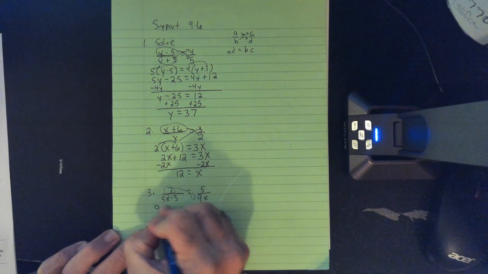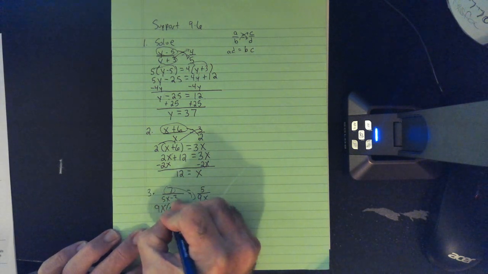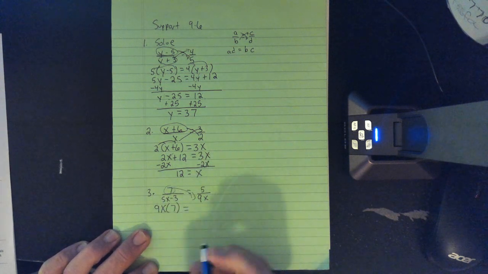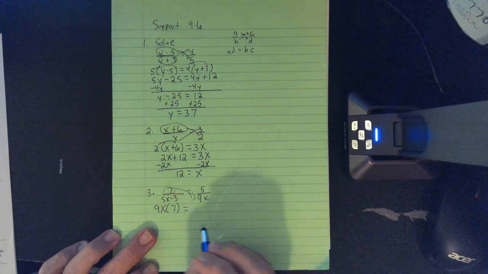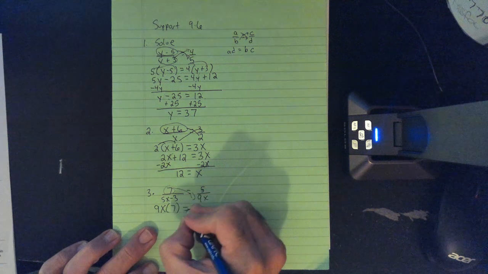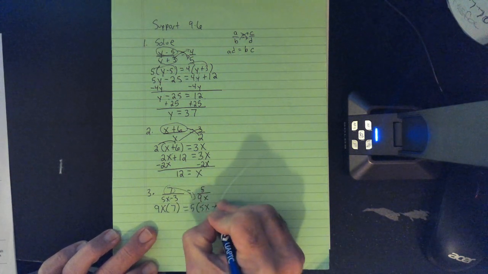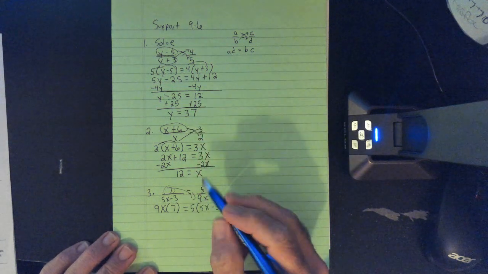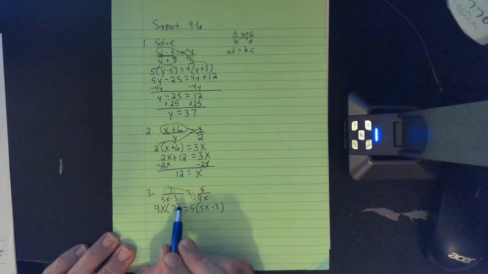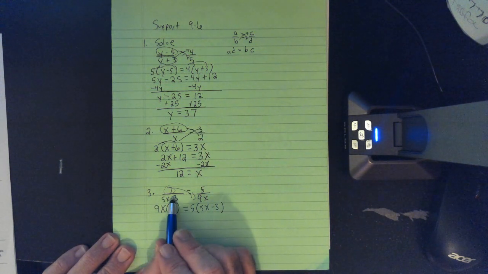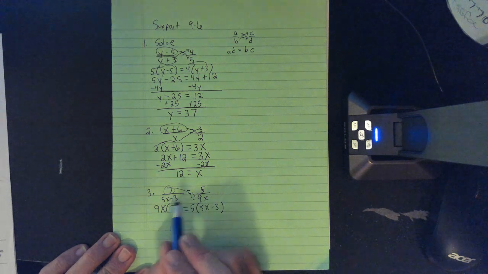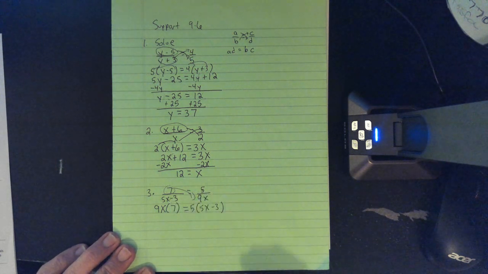So I've got 7 times my 9x. Now I just put the 9x first for some reason. That's going to equal this 5 times the (5x minus 3). So the whole purpose of these problems is just to get you to realize that when you've got two parts down here, both of them have got to multiply by that term, okay?